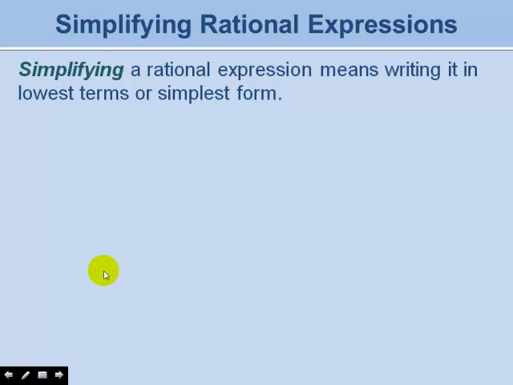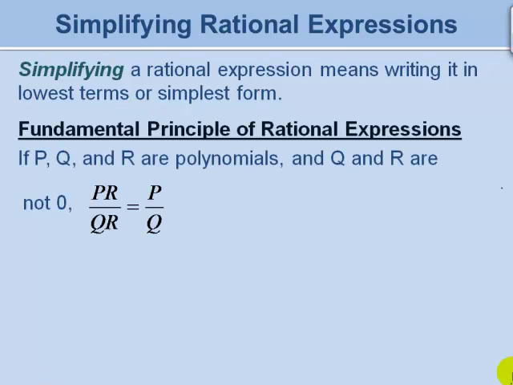Now let's talk about simplifying rational expressions. And to simplify a rational expression means that we're going to write it in lowest terms, or you might have heard this called simplest form. What we're going to use for this is called the fundamental principle of rational expressions. And that just says that if p, q, and r are polynomials, and the q and the r are not zero, then if we have pr over qr, that's the same as p over q.